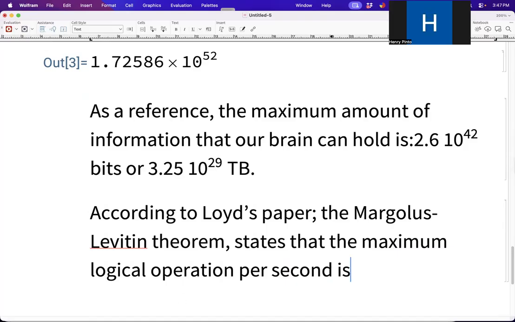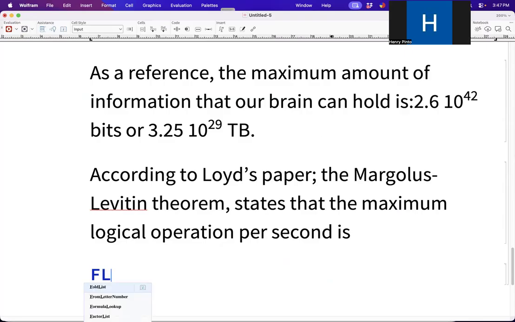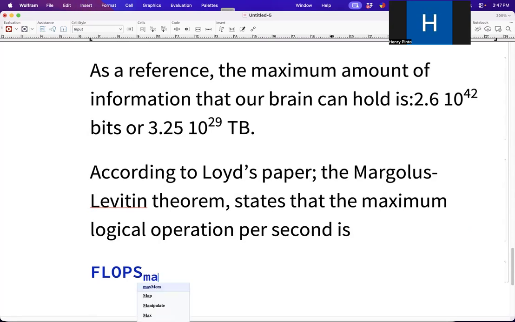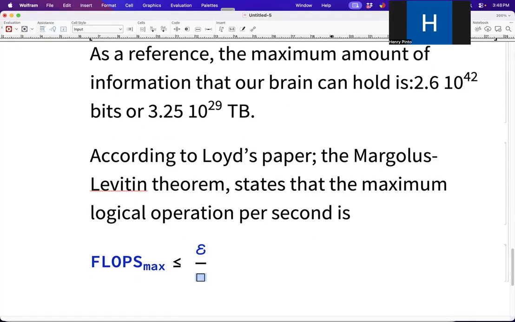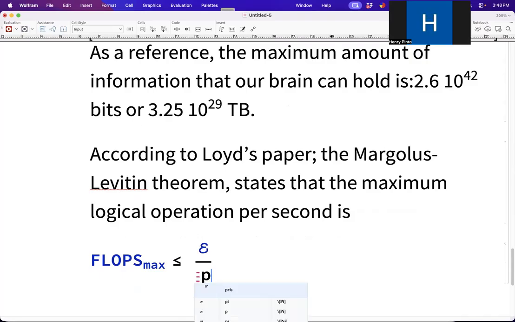And this I'm going to put as floating point operations per second max. It is less than or equal to the energy of the system divided by pi times h bar.